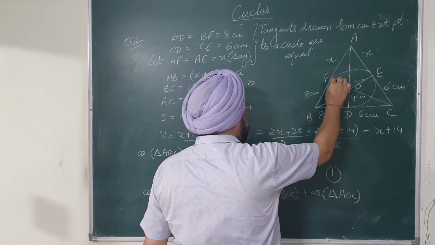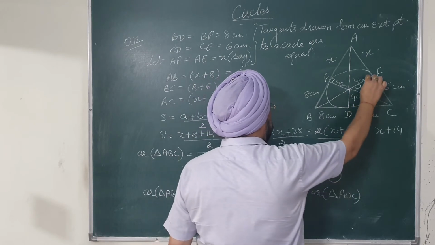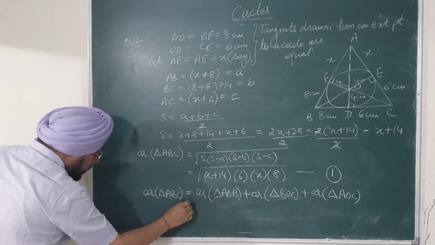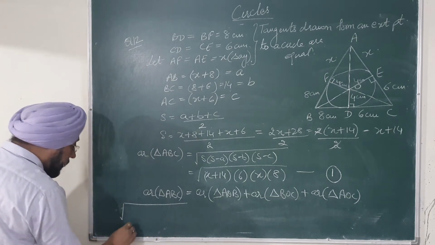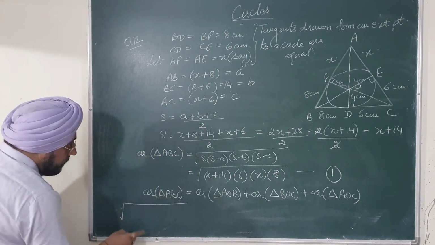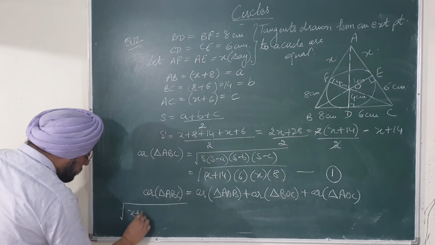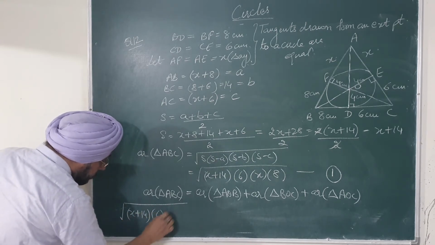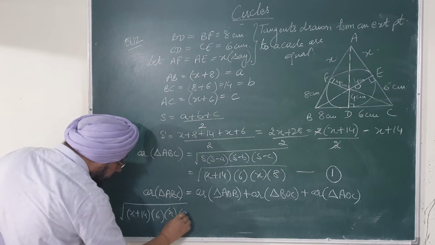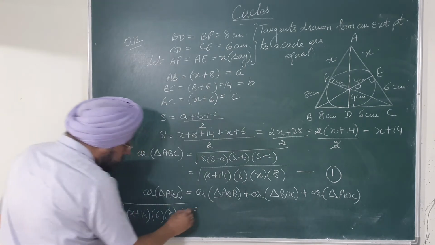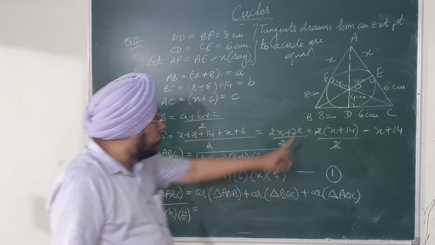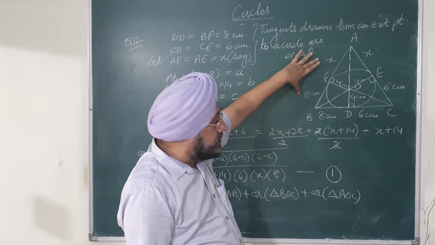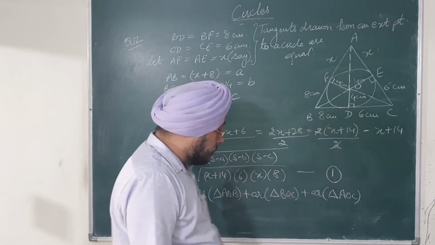Since radius and tangent are always perpendicular according to theorem 10.1, this area we have already calculated, that is the square root of x plus 14, 6, x and 8. Keep it as such, equal to the area of triangle AOB. Can I say this is half base into height? Base is x plus 8 and the height is 4.